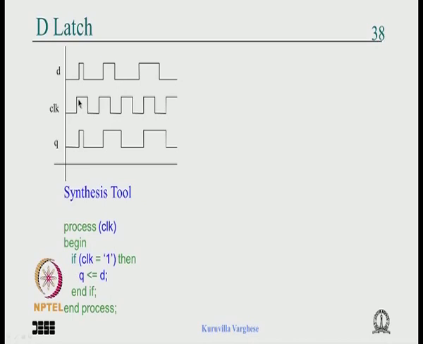If there is an event, either low to high or high to low, then clock is 1 is checked and Q is assigned D. But when the clock is 1, if D changes, this code will not make Q follow D as far as the simulator is concerned, because it is not sensitive to D. So for the simulator to get a latch, you have to put the input D in the sensitivity list. That is the correct code for a latch as far as the simulator is concerned.